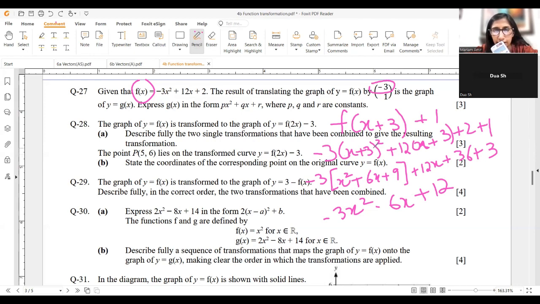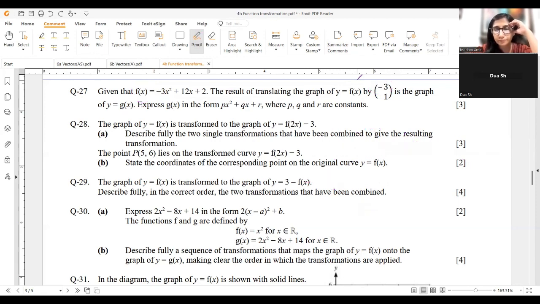It should be minus 3 and then (x plus 3), it should be minus, but it's a typing mistake. Okay, so that is question 27. Question 28. Let me just take a picture of this, otherwise I'll forget the typing mistake in the end. This was minus 3x squared.